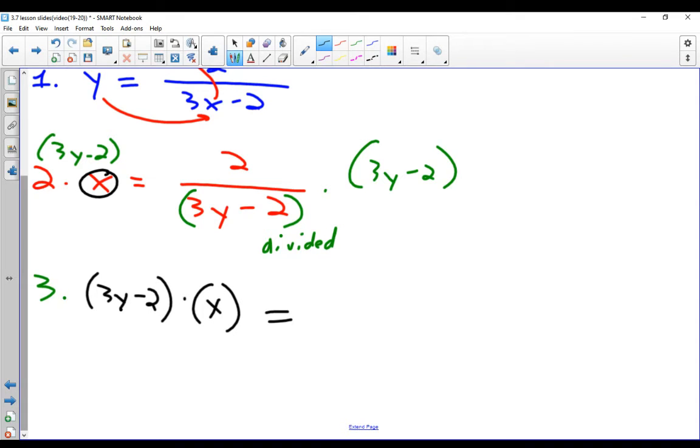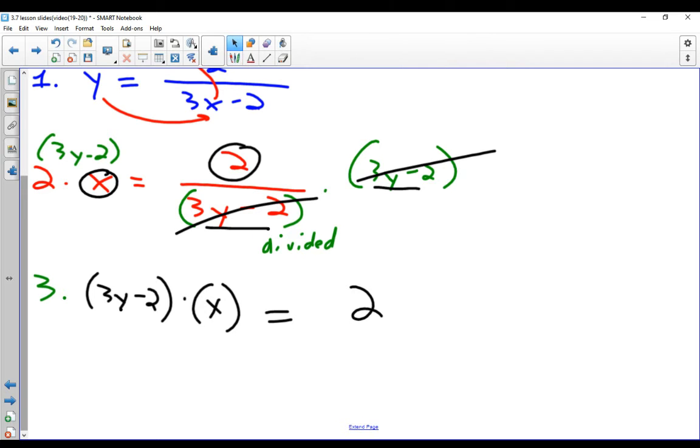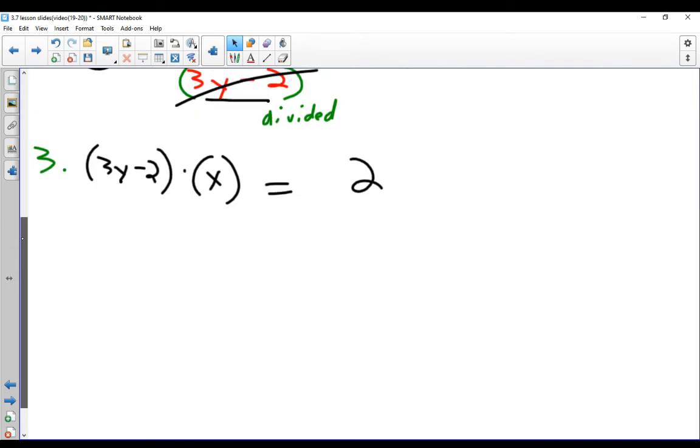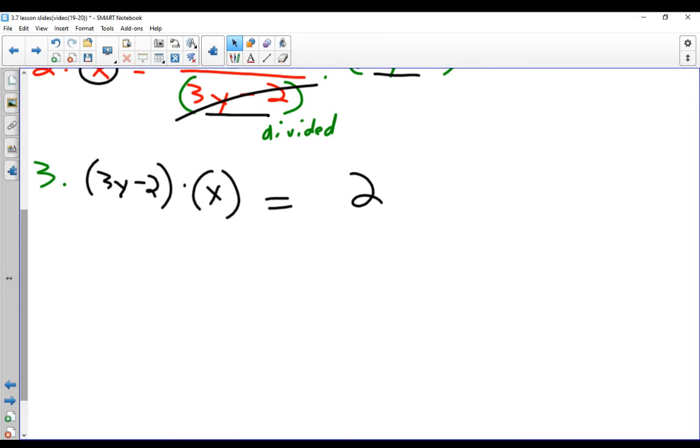But then on the right side, you'd have 3y minus 2 top and bottom, which would mean they would cancel. They would cancel, and all you have left is that 2 on top. No more fractions, which will make our lives a lot easier.